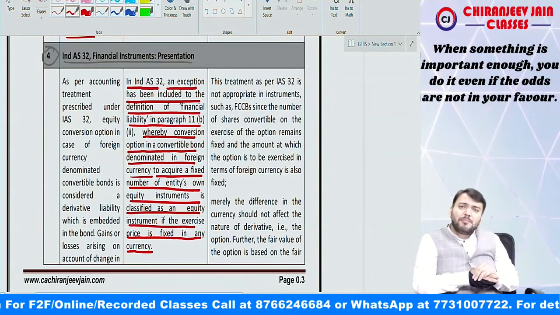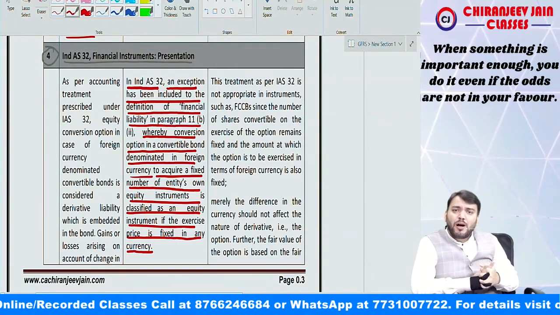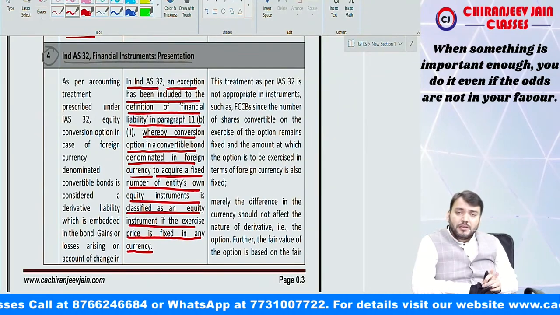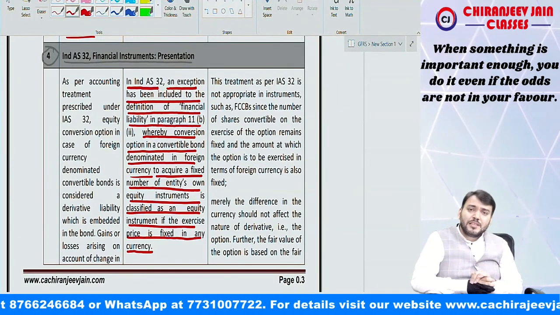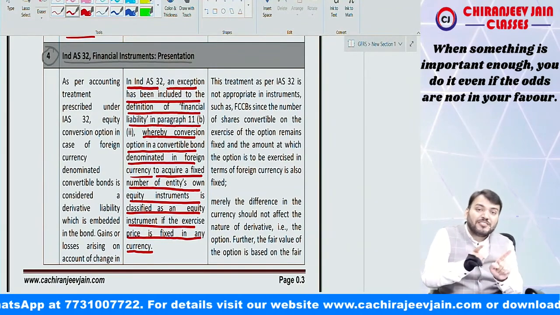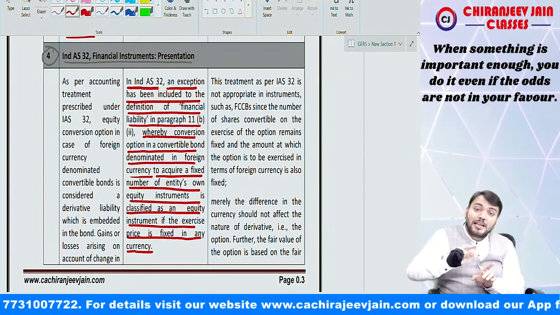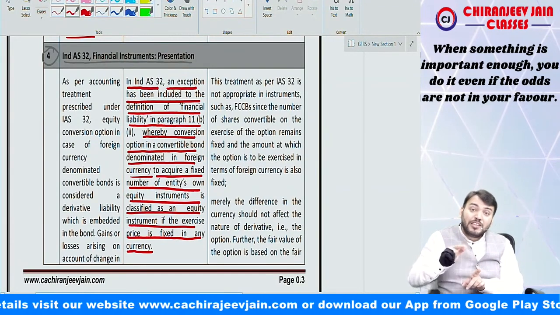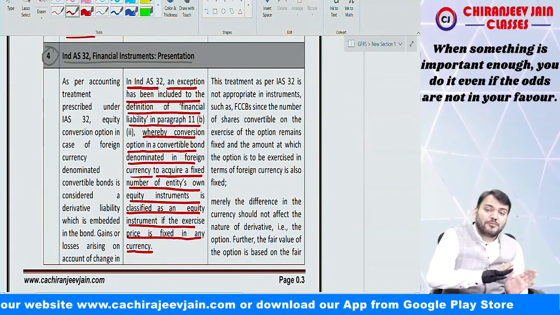If you remember, in Ind AS 32 we have done one point. Whenever a variable number of equity shares is issued on conversion, it will be considered a financial liability. If the settlement will be done in a fixed number of equity shares, it will be classified as an equity instrument.